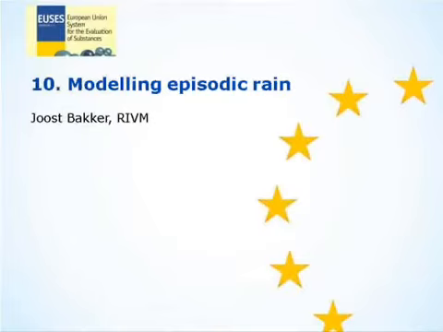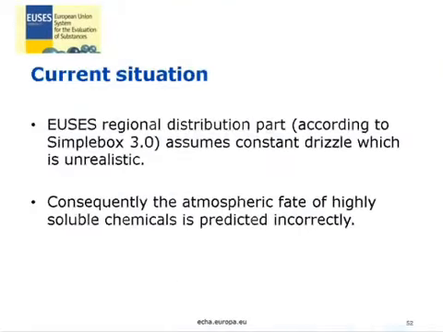Next one, modeling episodic rain. Yes, EUSES regional distribution part. The simple box model assumes constant drizzle, which is unrealistic, and consequently the atmospheric fate, especially for highly soluble chemicals, is predicted incorrectly.